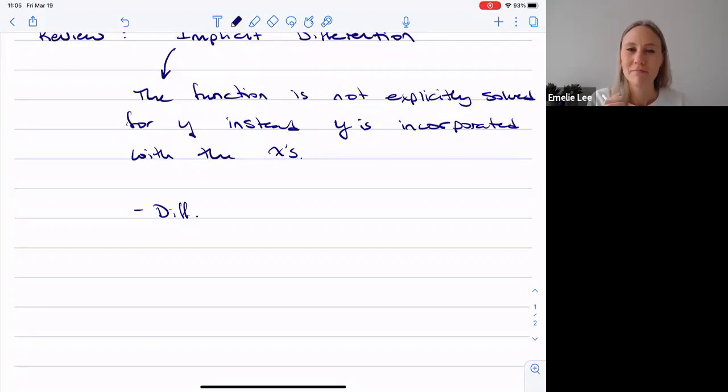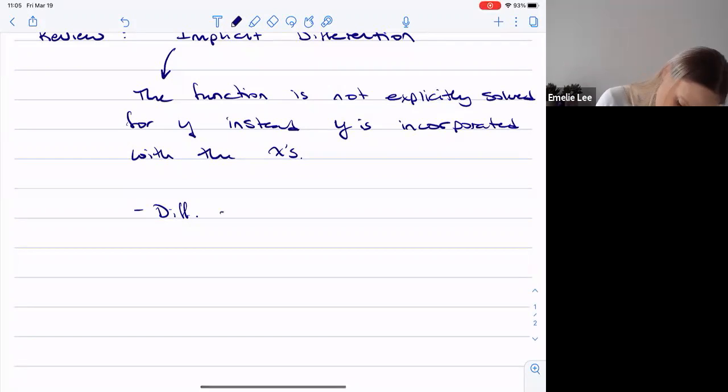Yes, good, top notch. It's going to take a little bit of practice, but once you see that I just treat the y as if it's an x, and then I multiply by y prime because that's just what I do, then it won't be so bad. But it's getting into that habit that's tricky.